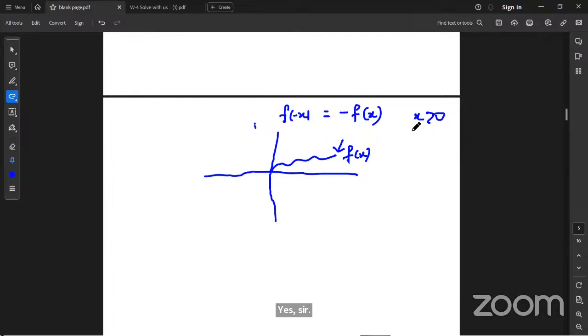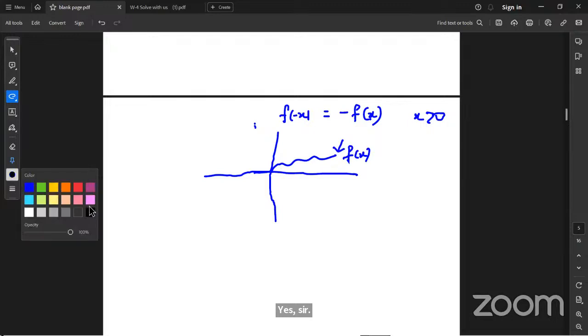What is going on here? You are saying just take the negative value of this x and you will get exactly the negative value of fx.